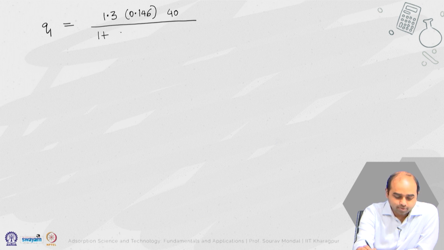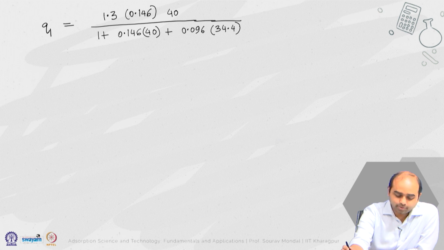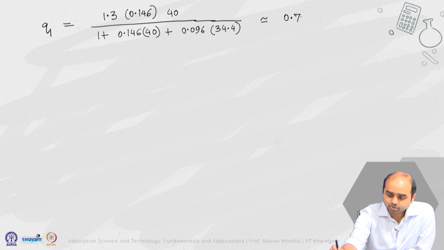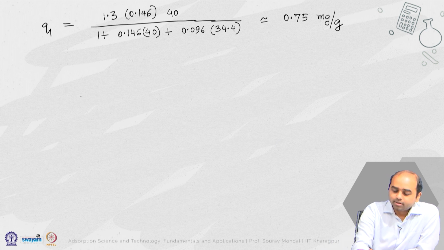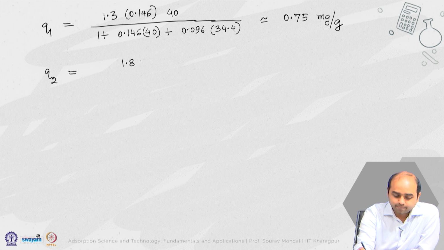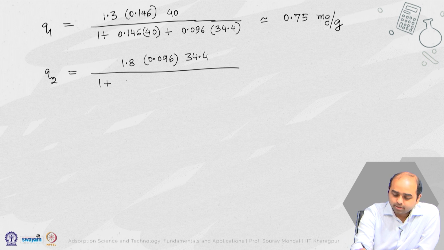In the numerator we sum up K1 into C1 plus K2 into C2, where the effect of the concentration of the other species also comes into the picture. So this is the value of Q1E. Similarly, for Q2 you will get it in the same way. The denominator in both cases is the same.